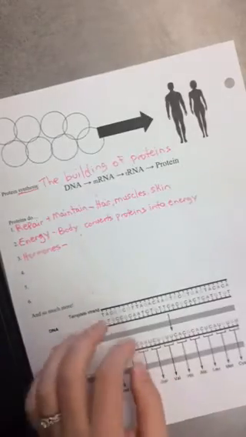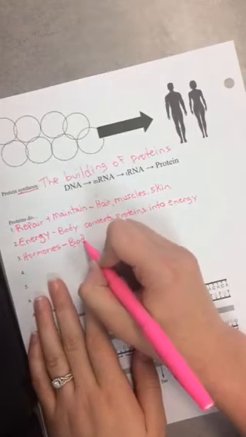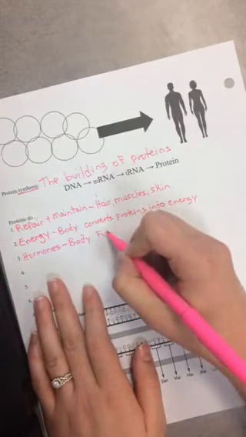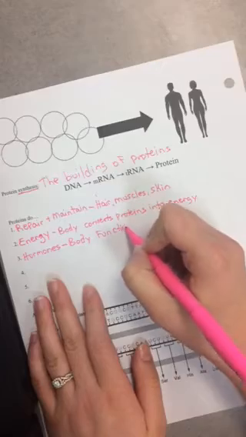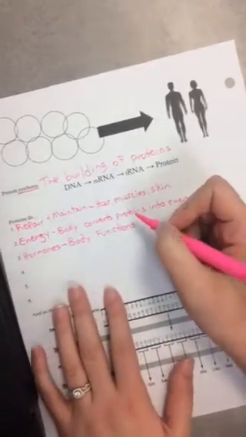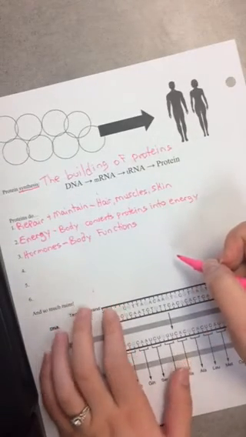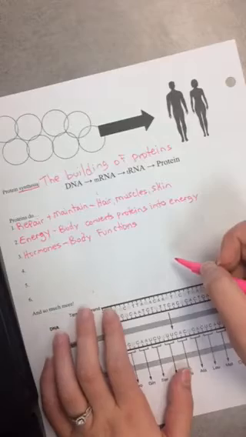So hormones regulate our body functions in general. You can go way more into that if you take Intro to Health or health science, but that's just an overview of what proteins can do for hormones.